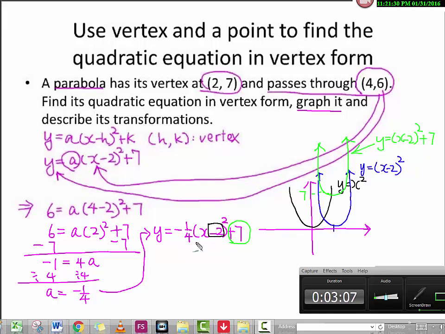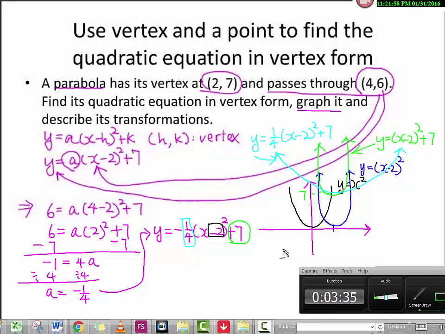The next transformation is 1 over 4. Since it's less than 1, it is vertically compressed. So the vertex is not going to change, but the shape of the curve is going to change. This is y equal to 1 over 4 times x minus 2 whole squared plus 7.